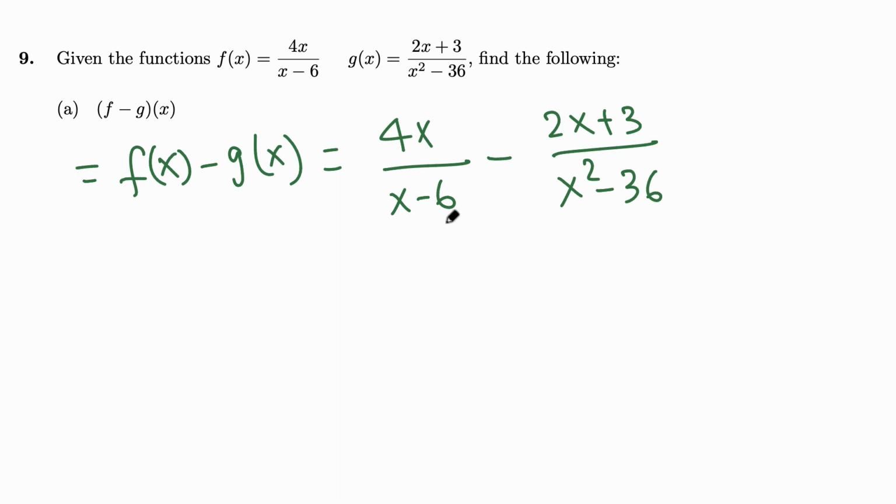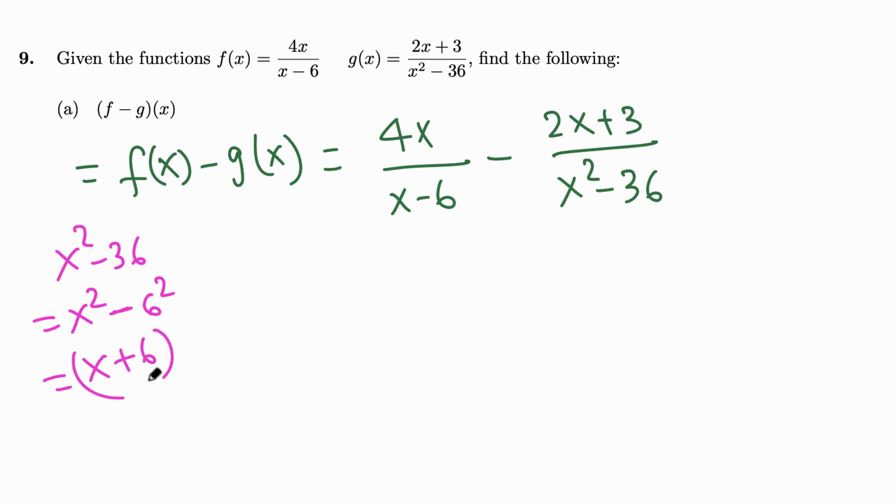So here is x minus 6, here is x squared minus 36. Oh, look at this, x squared minus 36. This is a difference of two squares. So it factors as (x plus 6)(x minus 6). So this is in fact a product of two binomials.